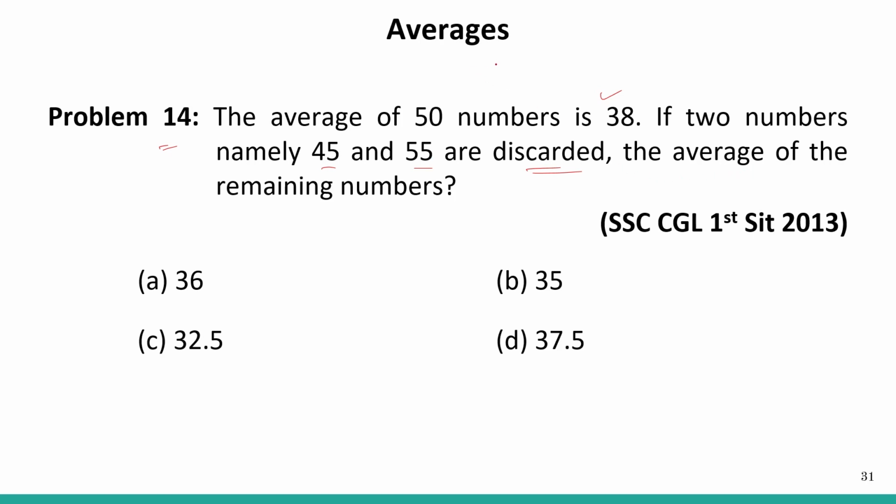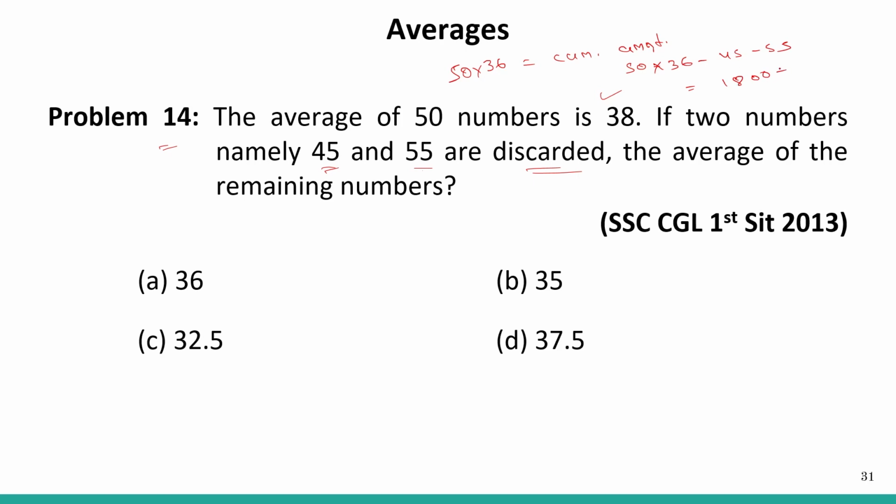So the cumulative amount will be what? 50 into 38 is equal to the cumulative amount. So we discard 45 and 55. By discarding these two numbers, 50 into 36 minus 45 minus 55 is equal to 50 into 36. It will be 1800.